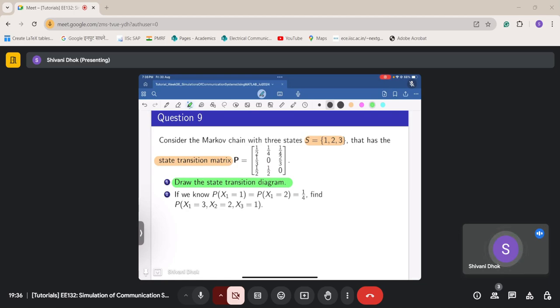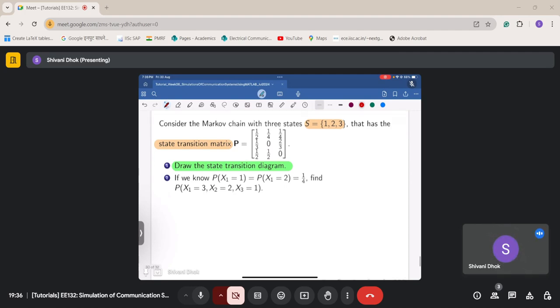Okay, so what is your state transition diagram? Or rather, how to do it is we have some states and then we show the probability with which we'll go to another state given we are at that particular state.